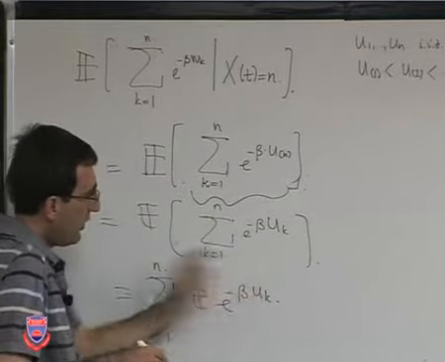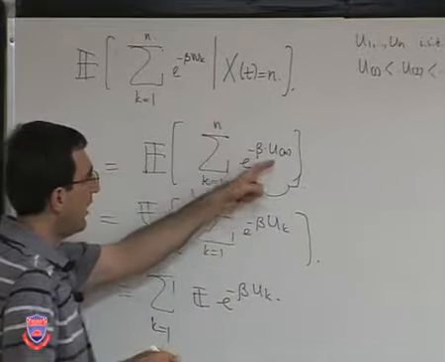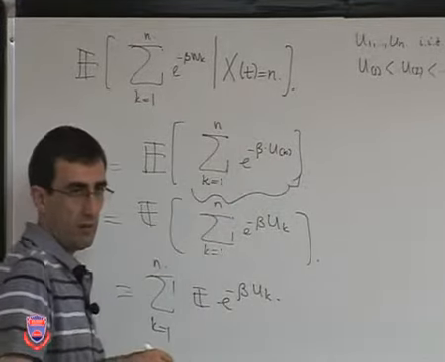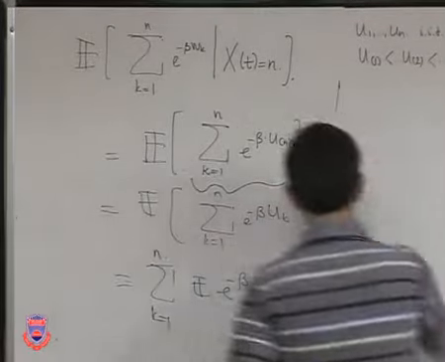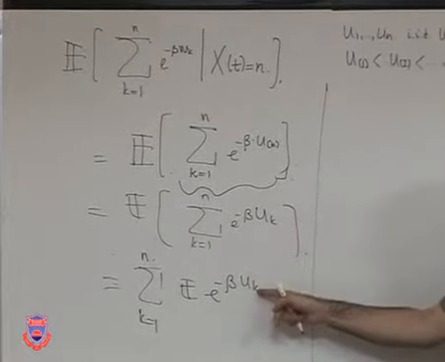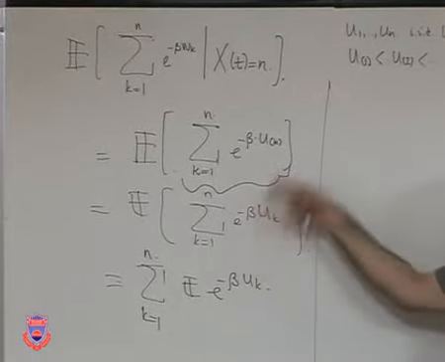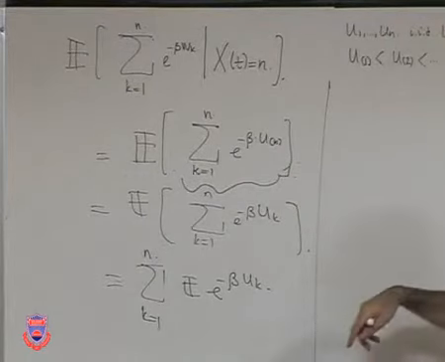Here we know the uk has a uniform distribution over the interval 0 to t. Here it is a lot more difficult. I didn't even state what it is. But as I said, who cares, right? If it is easy to calculate this, and you know that they are the same, why would you take the difficult route?